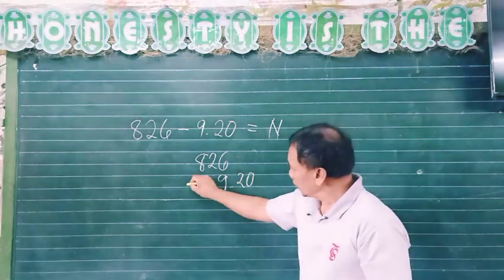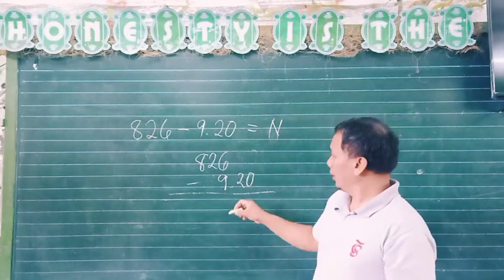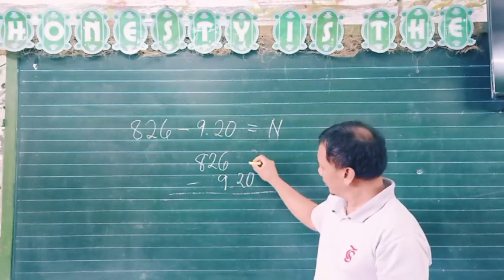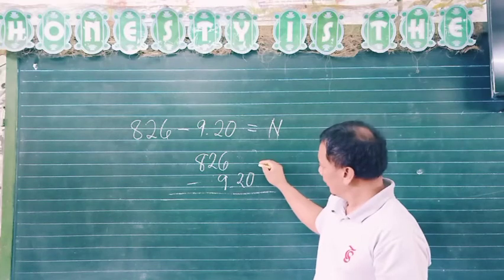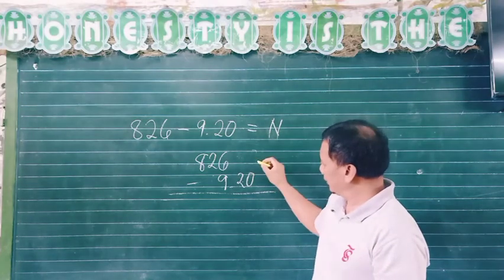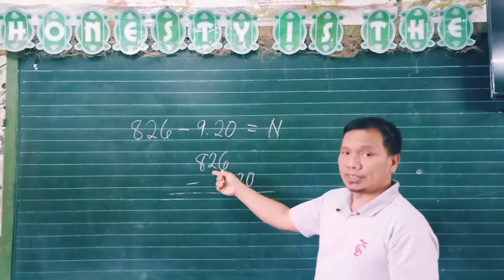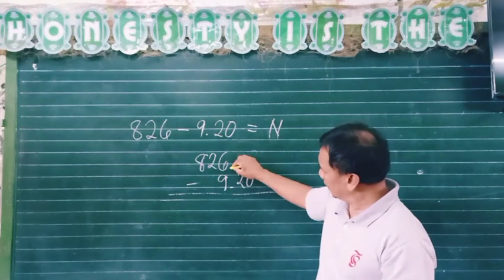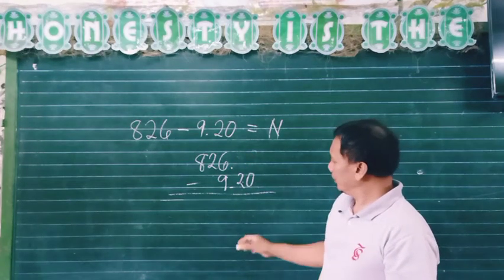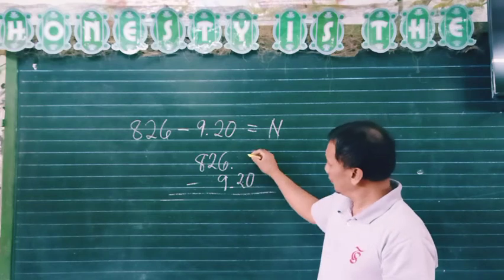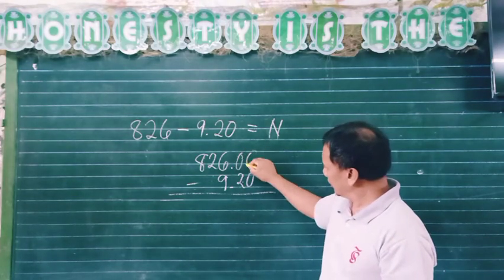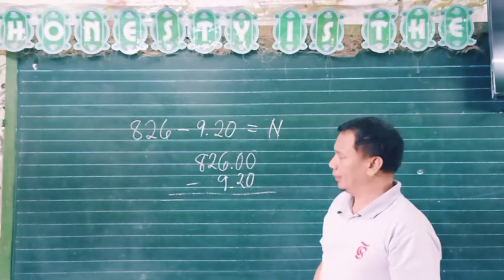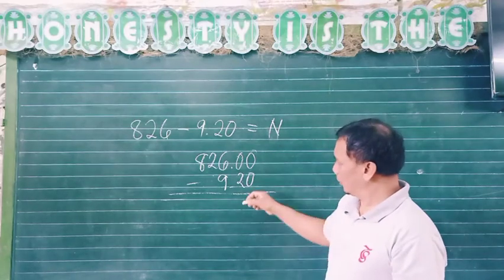So to subtract this correctly, you're going to affix zeros or put zeros after the decimal point. Since this is a whole number, the decimal point is at the end of the number. Since we have two decimal places, you write two zeros there in your minuend in order to subtract this correctly.